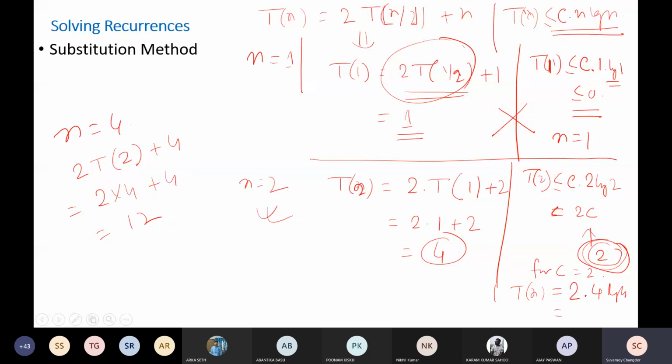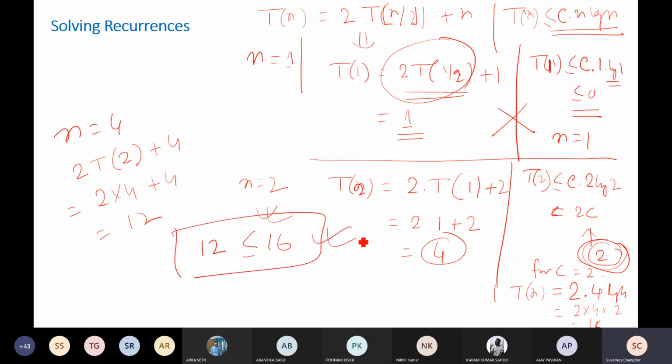Log 4 means 2. So 2 into 4 into 2, so 4 into 2 is 8, 16. Yes, correct. So T(4) equal to 12 is less than or equal to 16.